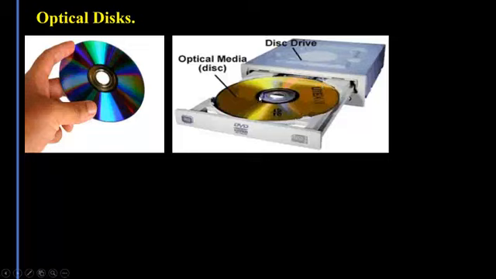But how do you use it? If you want to read, you insert it in a drive called the disk drive. So when you insert it in this deck, you close it. When you close, you can easily read information.